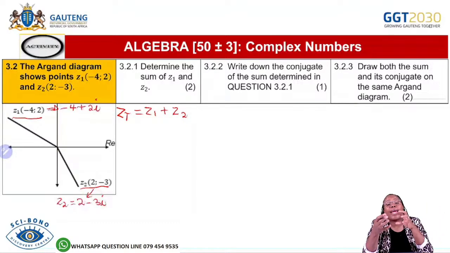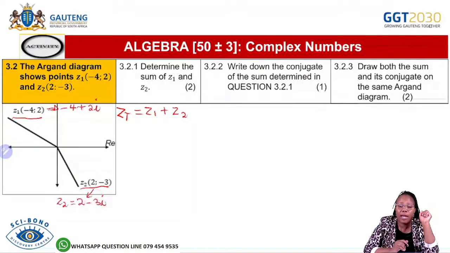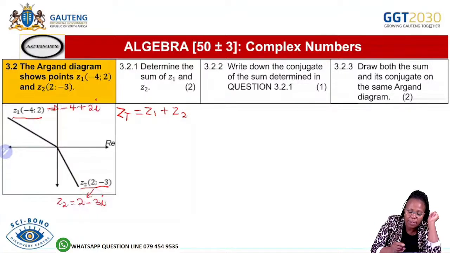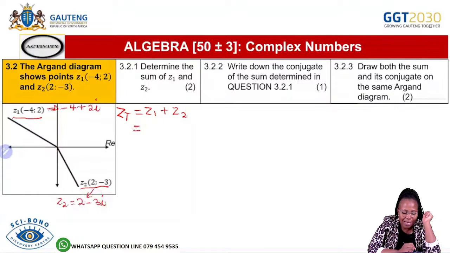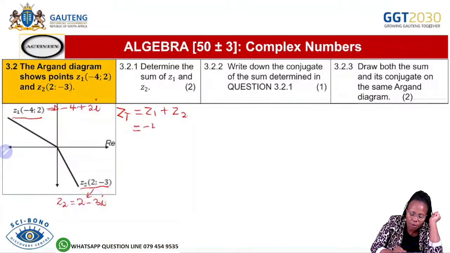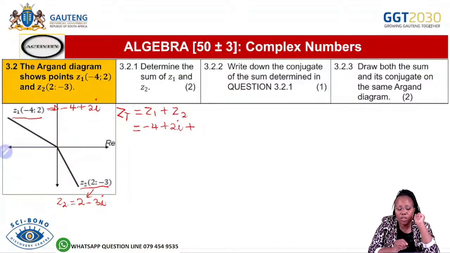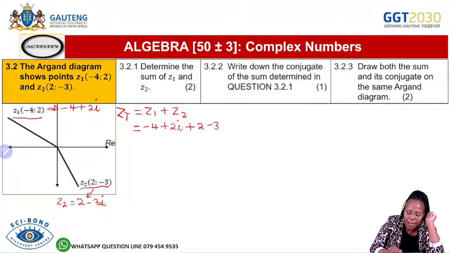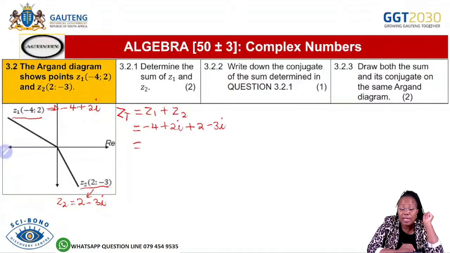So if they say add the two, they say bring back their equations before you were plotting the Argand diagram. And then now that means our Z1 now will be minus 4 plus 2i plus the Z2, which is 2 minus 3i. And then let's add now.